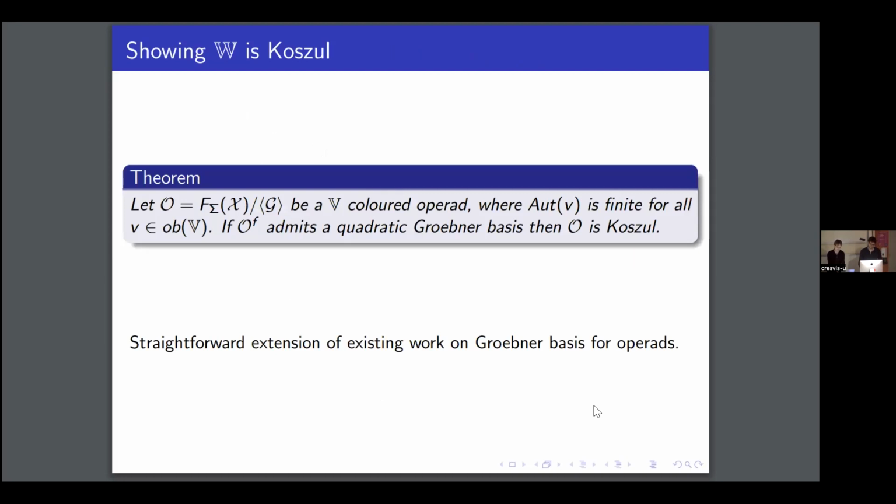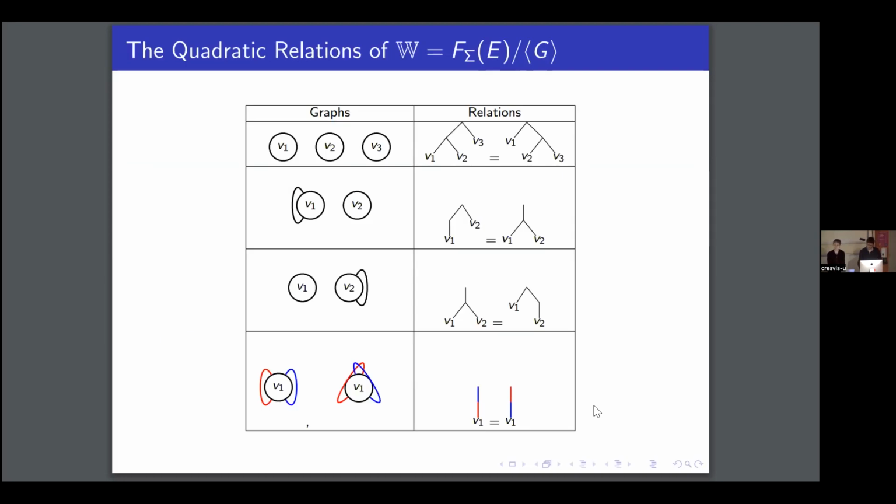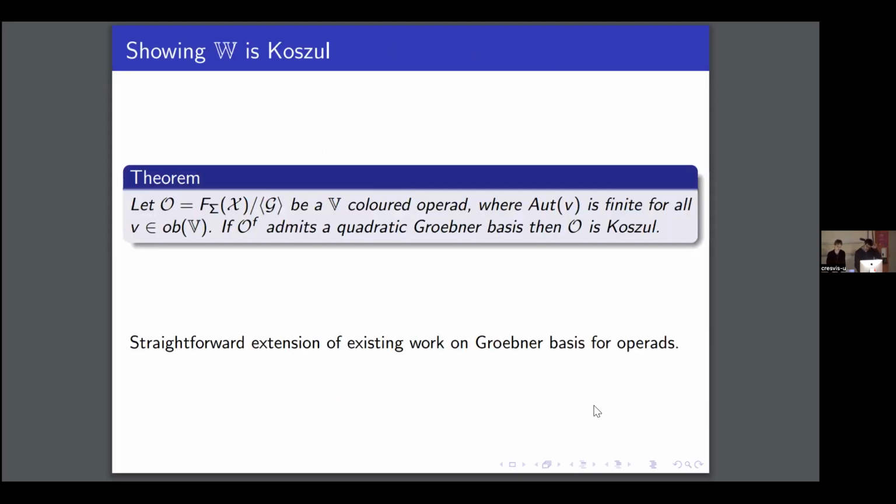So this is the underlying presentation of the operad. To show that it's Koszul, we make use of the following theorem. I won't go into the details of this result, but it's basically saying that if we have some groupoid colored operad for which the underlying automorphism groups of the groupoid are finite, then we can construct some other associated structure, which is called a groupoid colored shuffle operad.